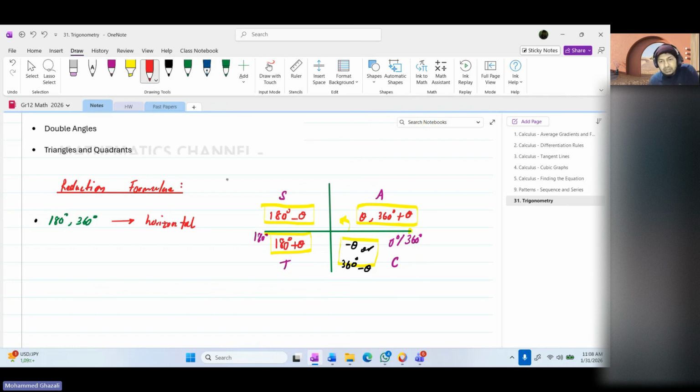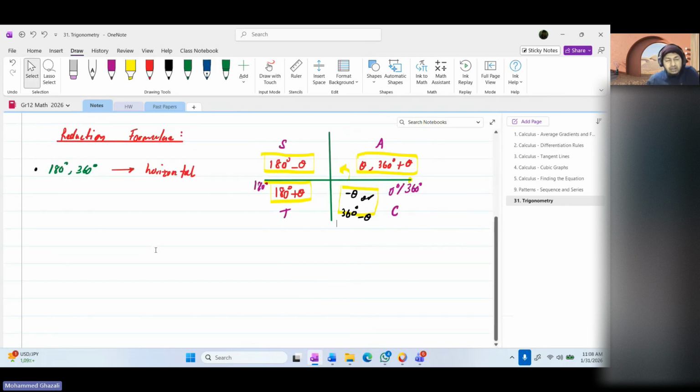Now, how do we use this horizontal reduction to simplify questions? I'm just going to give you brief, quick questions. In horizontal reduction, when you're reducing on the horizontal line, the trig ratios remain the same, no change in trig ratios.